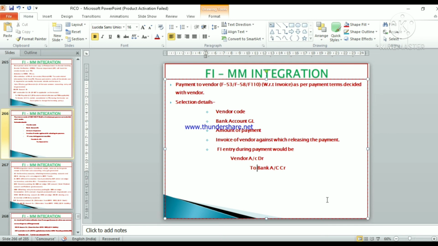So friends, this is the whole process of the P2P cycle. It is very important for being an FI consultant.